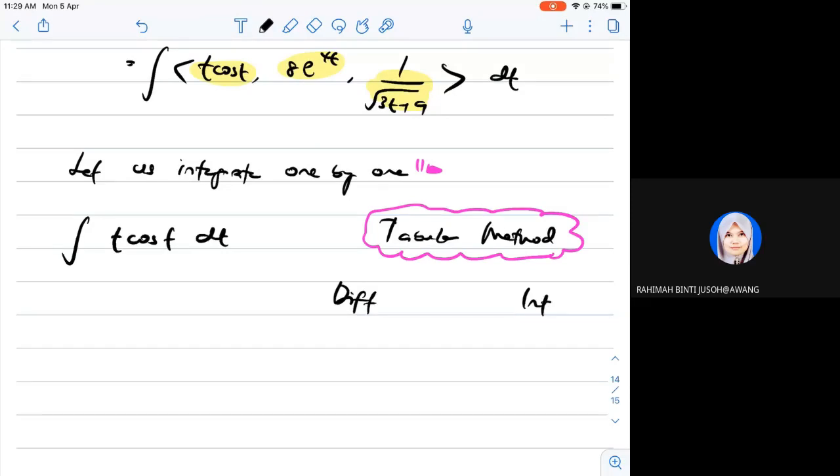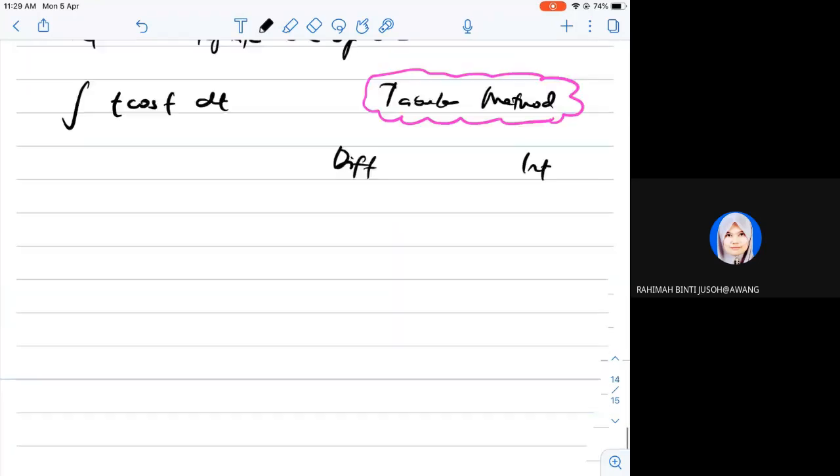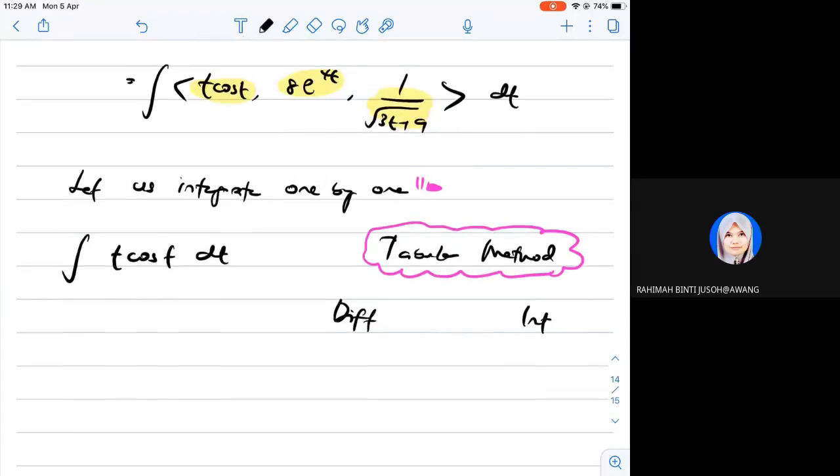Okay guys, tabular method ni, kalau you nak pakai tabular method, you kena make sure you have two types of function here. Tengok kita ada t, kita ada cos t. So t adalah dalam kategori polynomial, and then cos t adalah dalam kategori trigonometric.